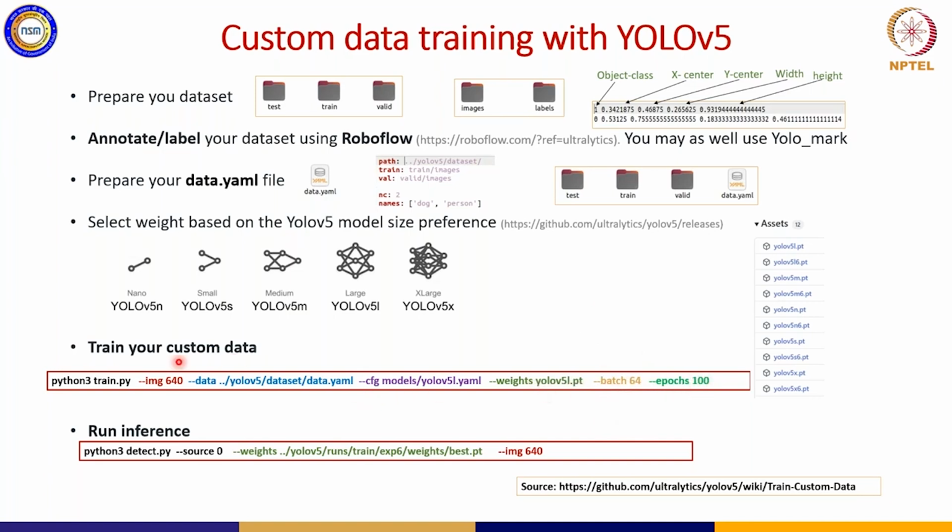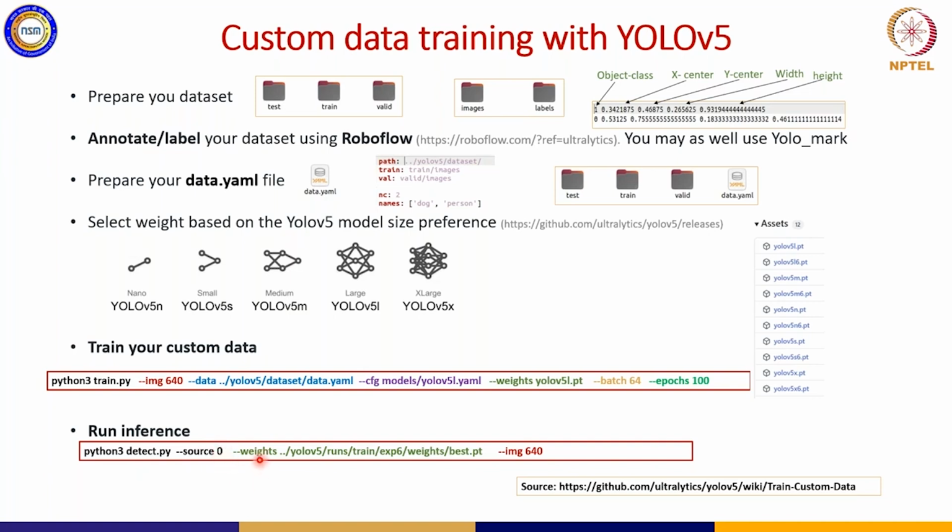After you've trained successfully, you can run your inference using python3 detect.py. Then your source, this is an example for using a webcam camera. When I say source is 0, that is the webcam camera.